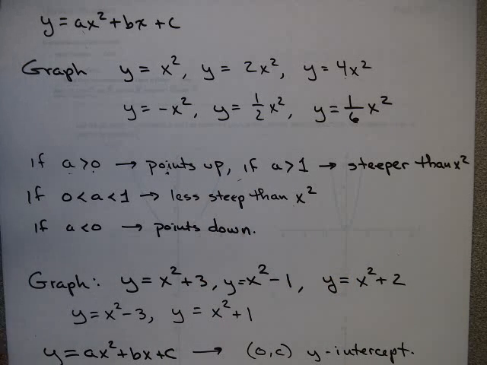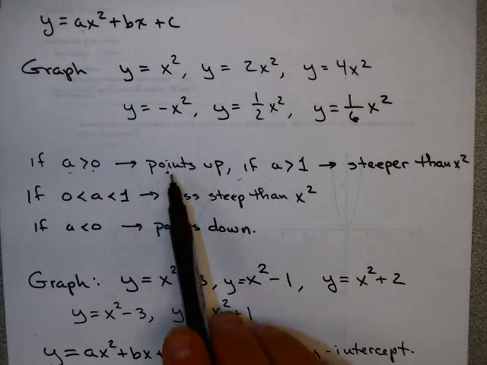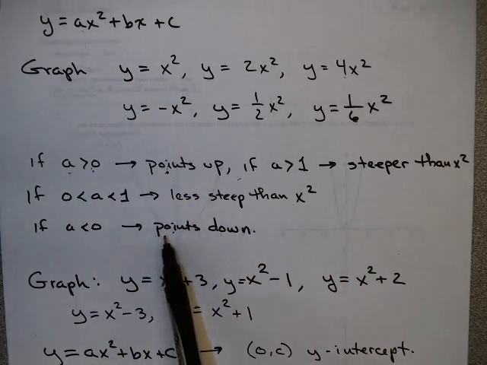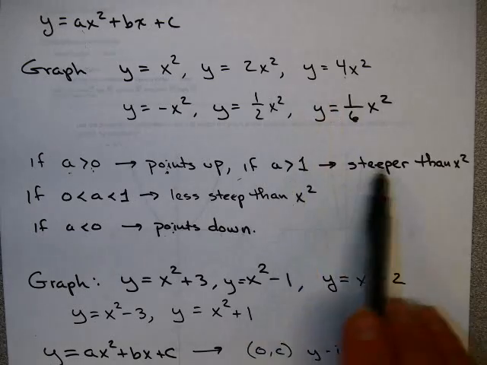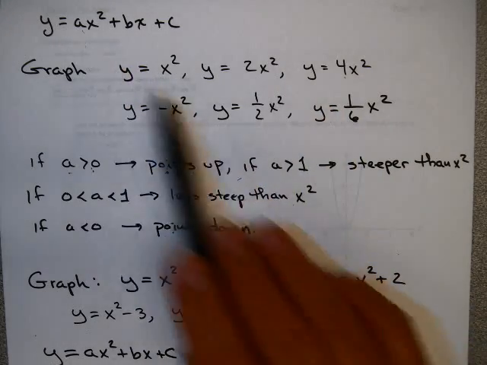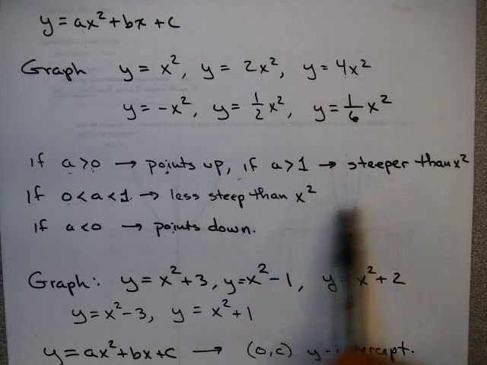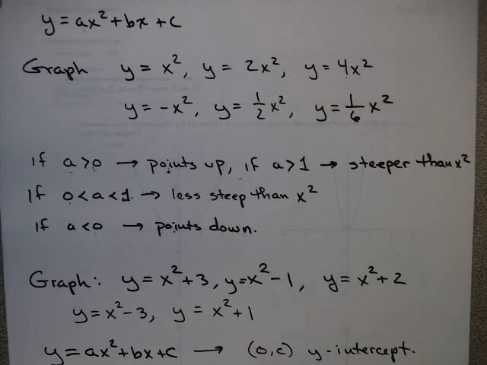So I want to graph these now, and let's take a look at what this does. So that a determines whether this points up or down. If it's positive, it points up. If it's negative, it points down. If it's greater than 1, it's going to go up steeper than x squared. If it's less than 1, between 1 and 0, it's going to go up a little less steep than x squared. And if it's negative, it's going to point down.